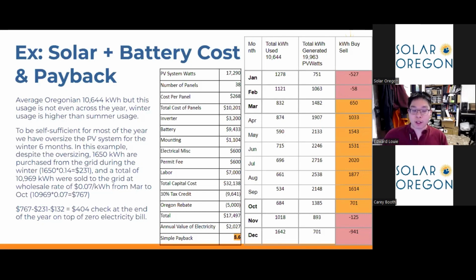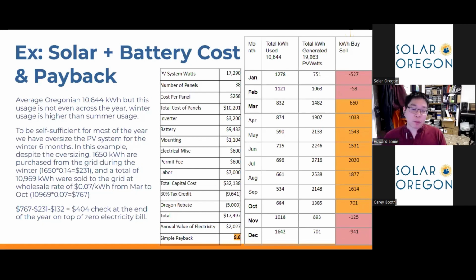I have an all-electric house that has a ductless heat pump as the main heat source. We have a heat pump water heater, heat pump dryer, electric stove, and all that. As you can see, most of that total usage of 10,644 is in the winter because you're running electric heating in the form of a ductless heat pump. We are a heating-dominant climate, so it makes sense that the majority of those kilowatt hours are used in the winter time.